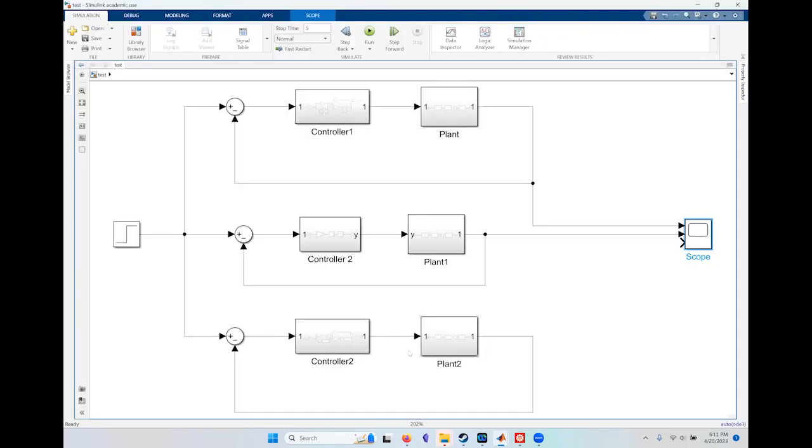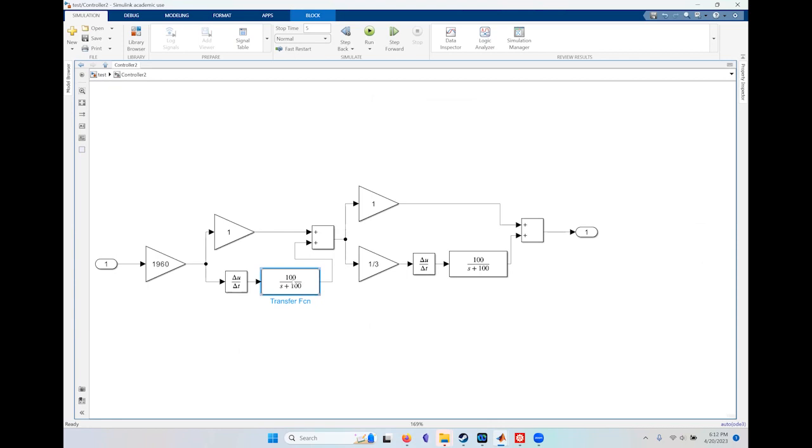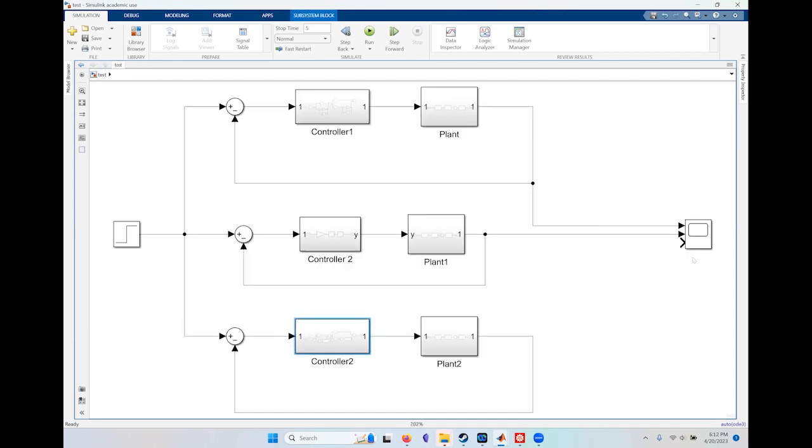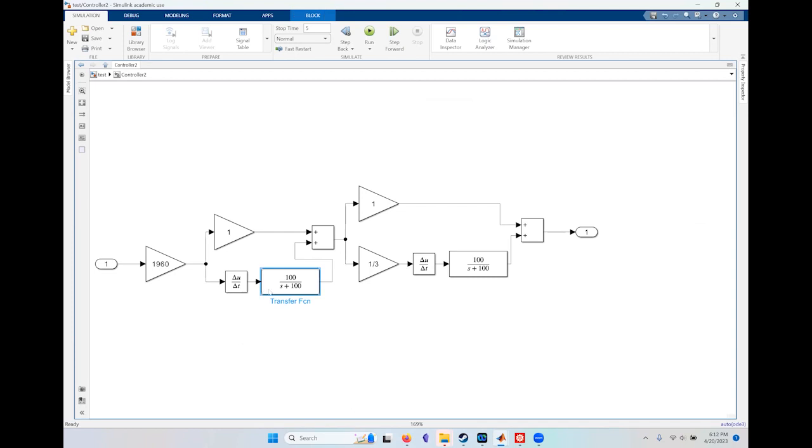So this is good. However, if I apply it differently, if I now use the delta U by delta T block and put the pole at minus 100 after the delta U by delta T block, which is also differentiation, it should be the same thing. I didn't do anything drastically different here. I just have the differentiator with the pole at minus 100 after it.